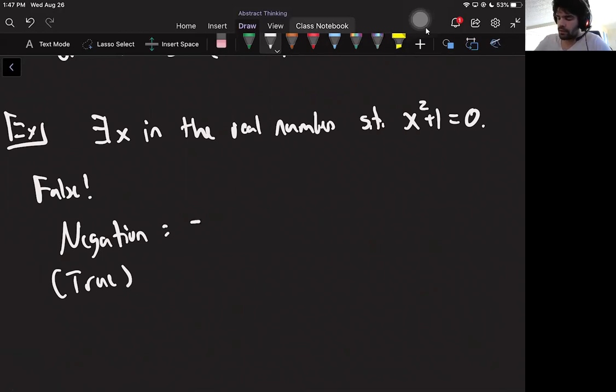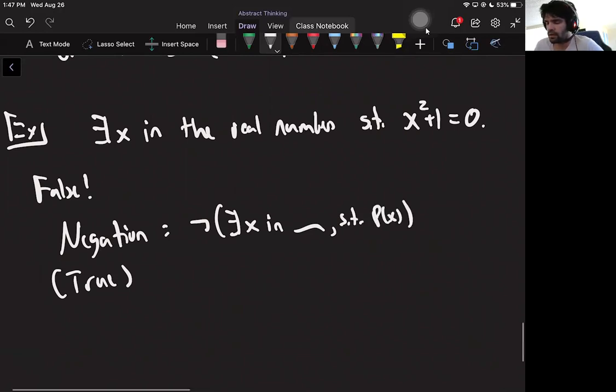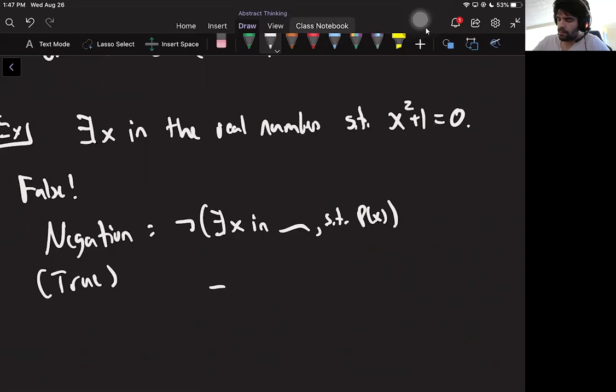So the negation will be that, let me just use little shortcuts to help me. So what that means is the negation is going to look like a for all statement in whatever numbers you're talking about, the real numbers in this case.